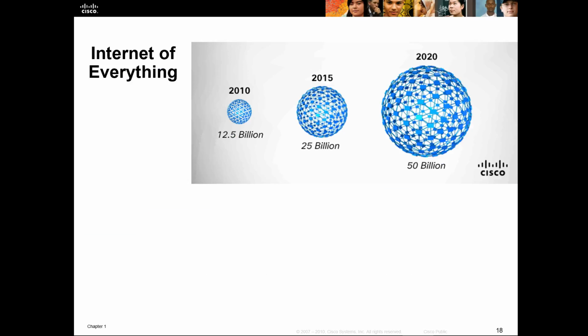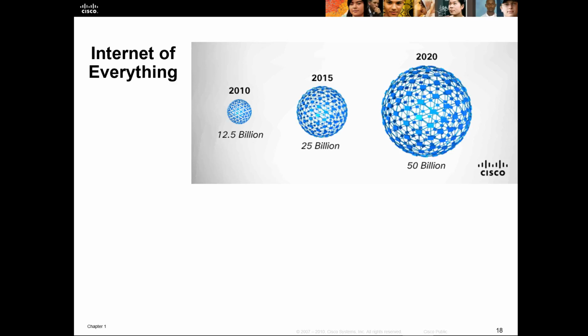So let's talk about this Internet of Everything. The centralized idea in 2010 was the Internet of Everything. That means it wants to have a network of all devices. There were 12.5 billion devices in 2010. In 2015, we're looking at 25 billion. But in the next 5 years, by 2020, we're looking to double that, to have 50 billion devices on the internet.